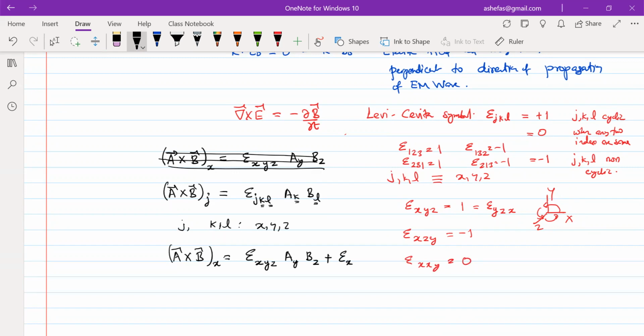Now the next possibility is k can take value z and l can take value y, and then it becomes A z B y. Now epsilon x, y, z is a cyclic permutation, therefore it will be plus 1 A y B z, and epsilon x, z, y is minus 1, minus A z B y.